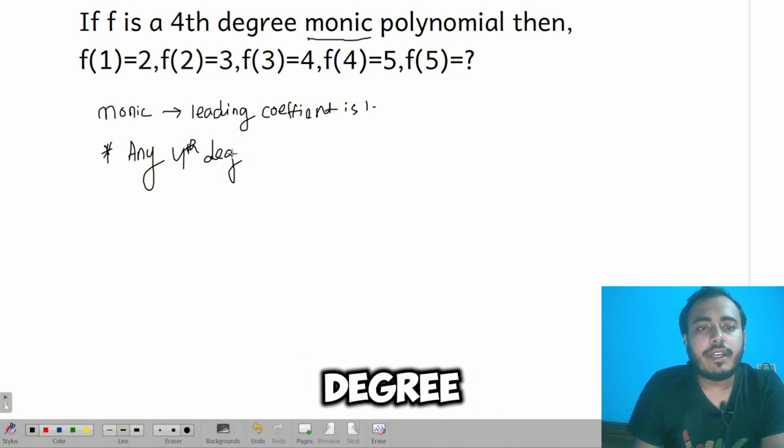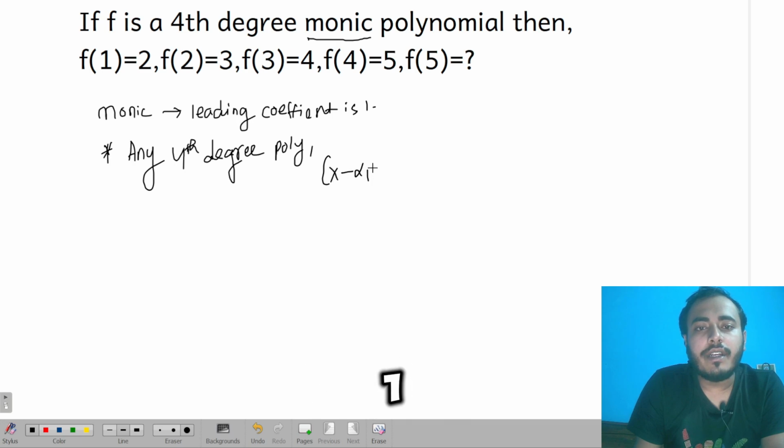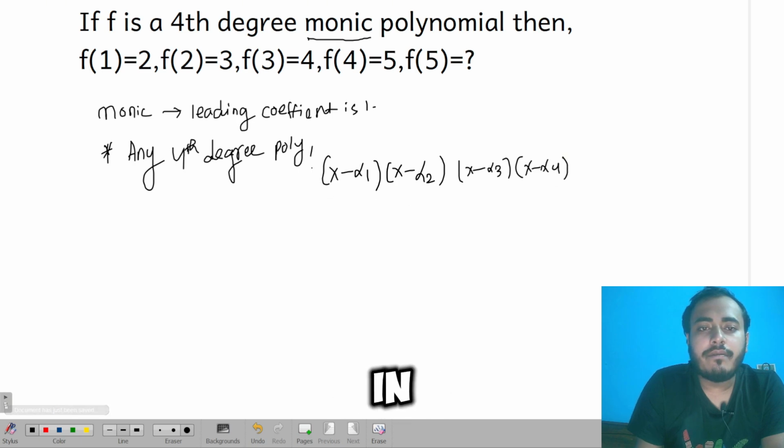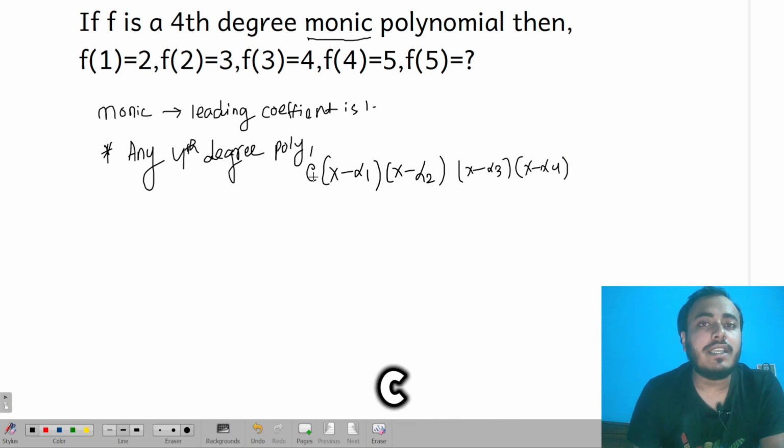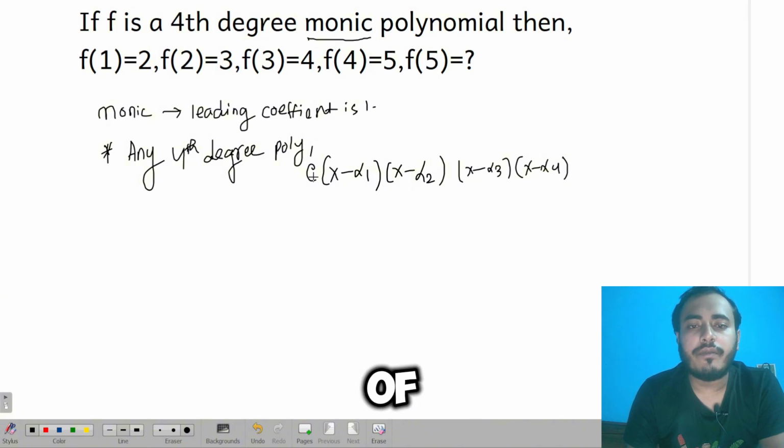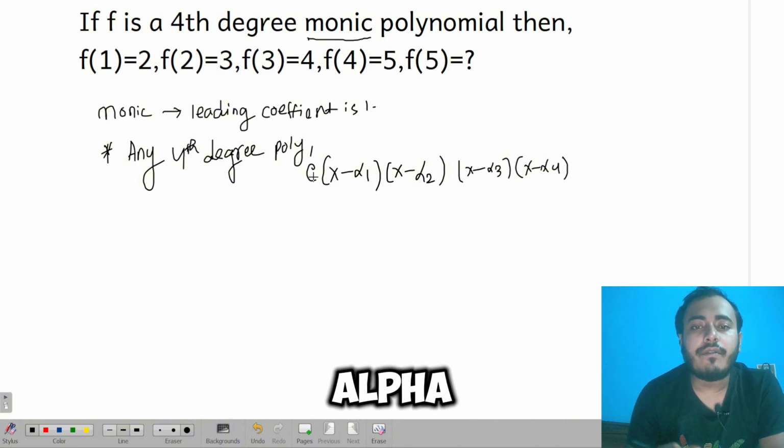So any fourth degree polynomial can be written as c times x minus alpha 1, into x minus alpha 2, into x minus alpha 3, into x minus alpha 4. Here c is nothing but the leading coefficient of this polynomial, where alpha 1, alpha 2, alpha 3, and alpha 4 are the roots, correct?